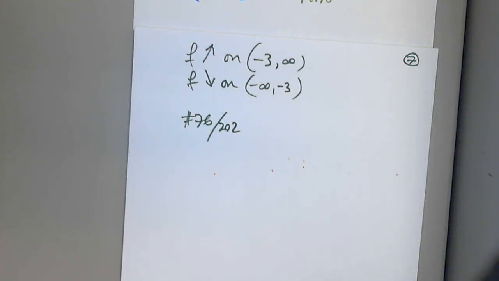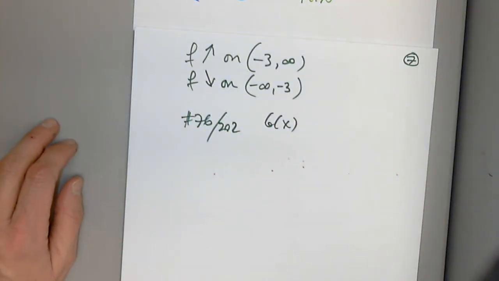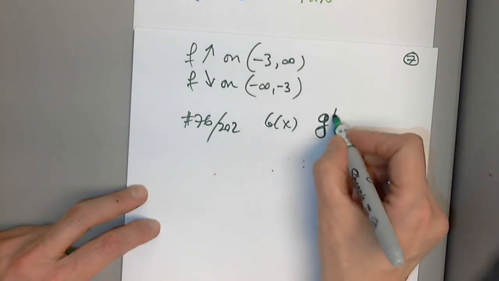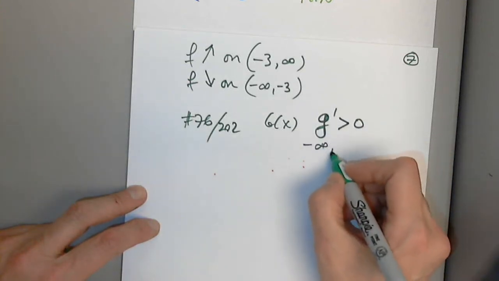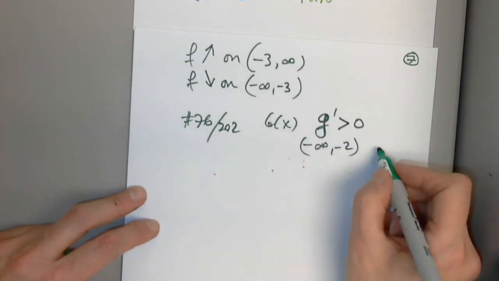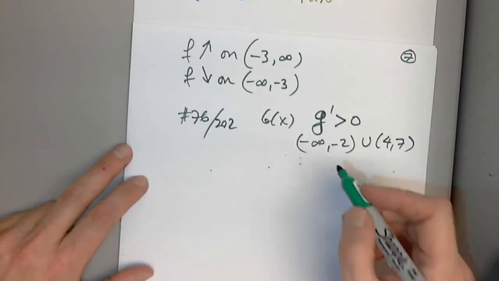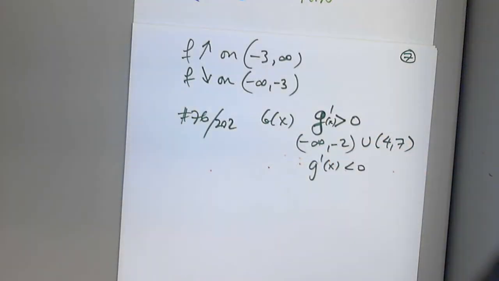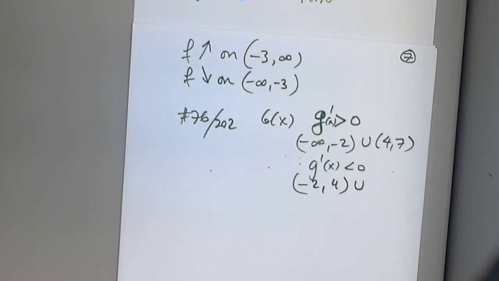So in 76, we have g prime of x positive over negative infinity to negative 2, union 4 comma 7, and g prime of x is less than 0 over negative 2 to 4, union 7 to infinity.